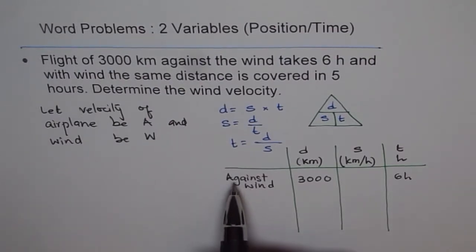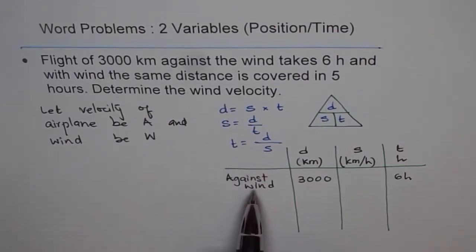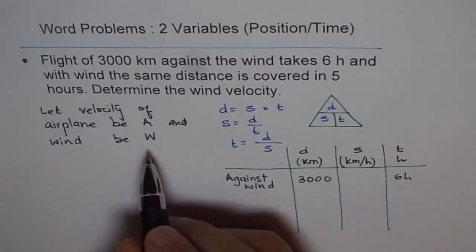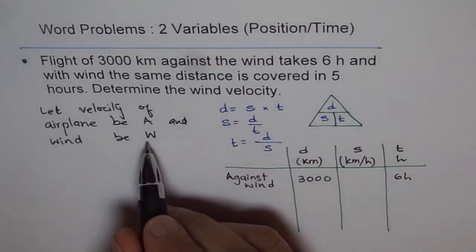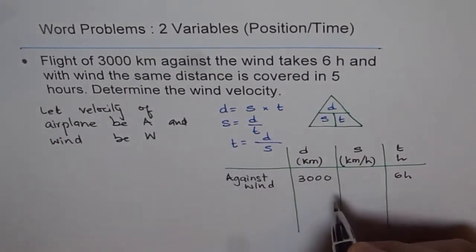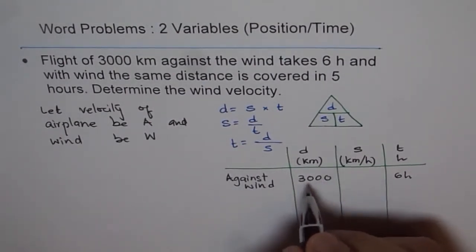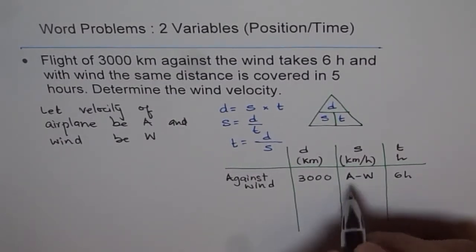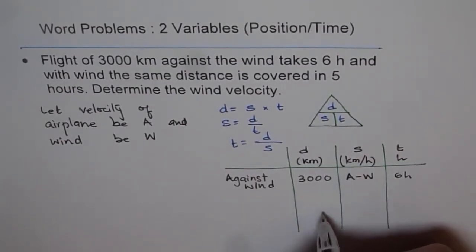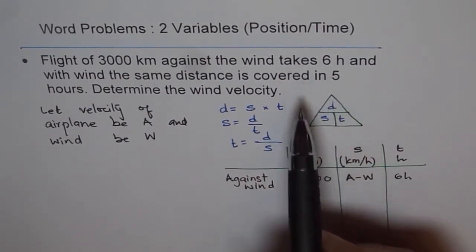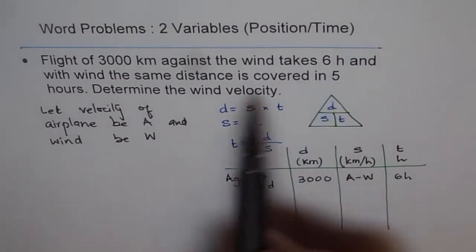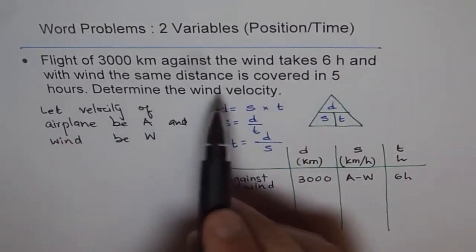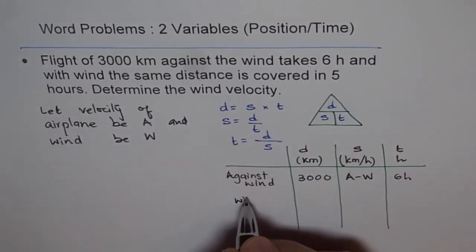Now when we say against wind, that means airplane will go slower by W units, right? Because wind is against the speed of the plane. So the speed should be A minus W. So that gives us speed against wind. Now the second part is, and with wind the same distance is covered in 5 hours.